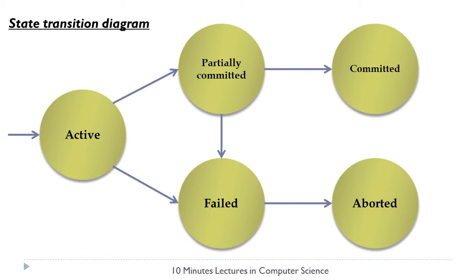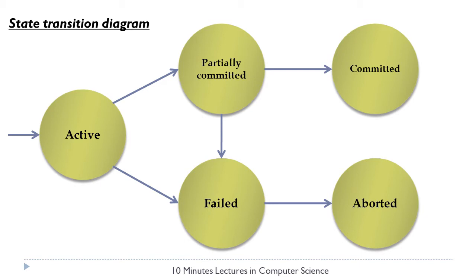This is the state transition diagram of transactions. A transaction can be in any of these states based on the instructions that it executes and other conditions it meets. Every transaction is in an active state once it starts its execution. A transaction is said to be in a partially committed state if all the instructions of that particular transaction are completed.